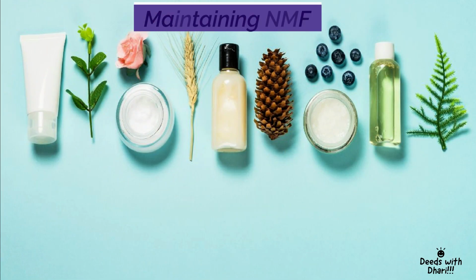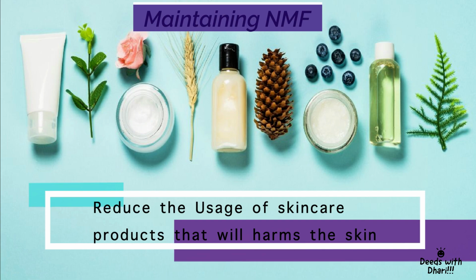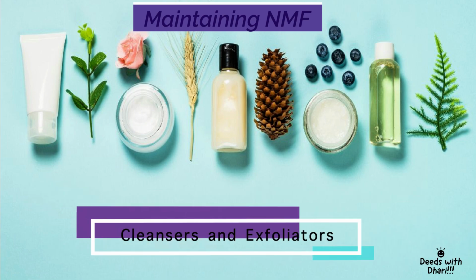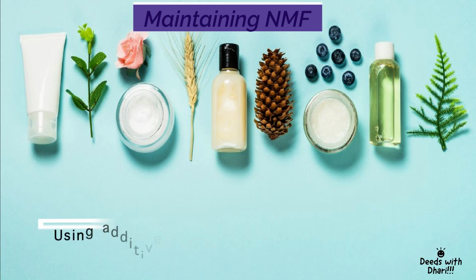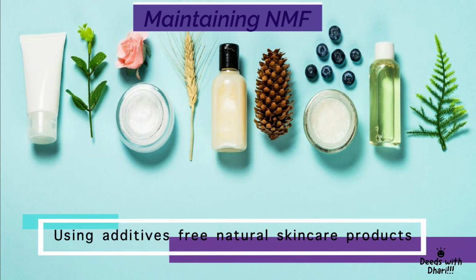To maintain a good NMF in the body, one must follow a few simple rules. Reduce the usage of skincare products which disrupt the NMF, for example, cleansers and exfoliators. Use additive-free natural ingredients as skincare products.